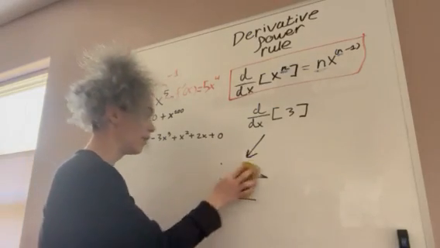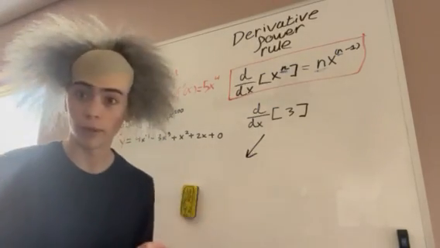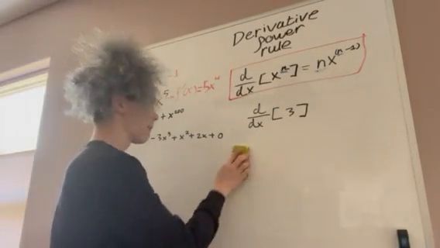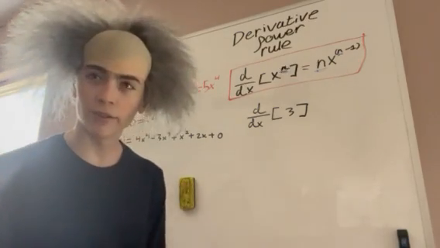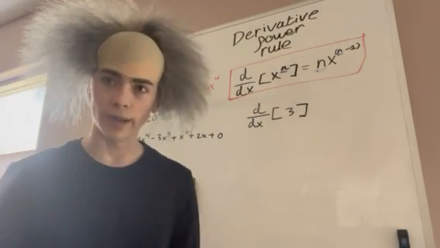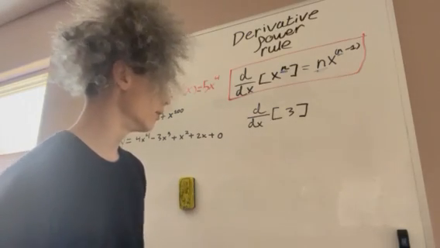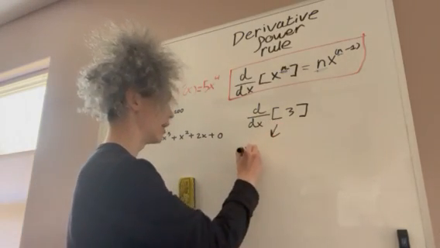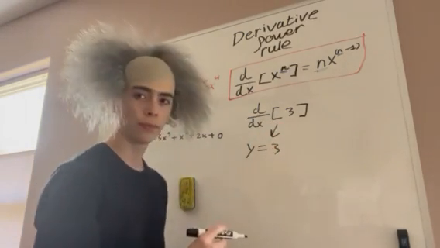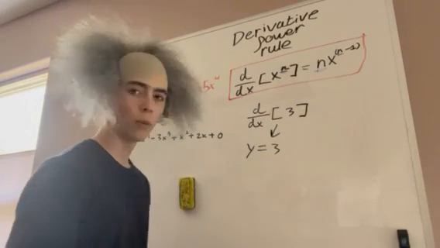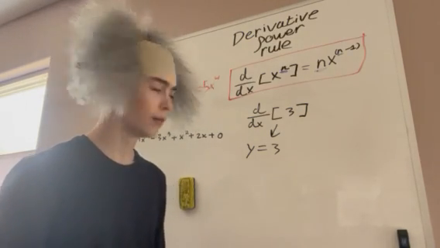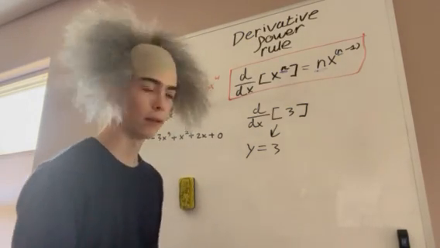But let's look at why that works according to our derivative power rule, right? And this is kind of a very creative and tricky thing to think about. But what you're really doing here is, I'm going to go down, I'm going to say, okay, let y equal 3, like we said on our graph. Well, what does y equal to 3 really mean?